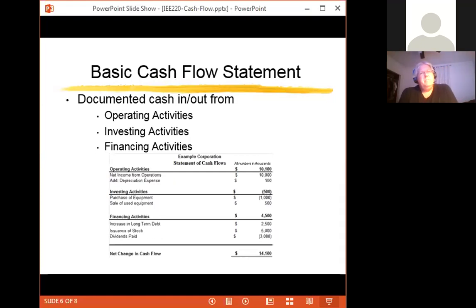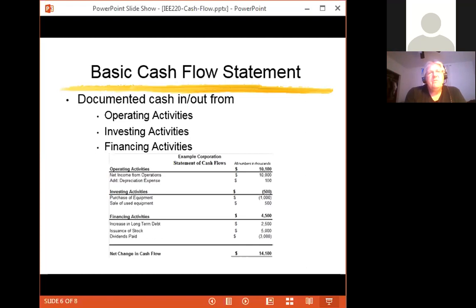Finally, in the cash flow statement, you have the financing activities. Maybe we borrowed some more money. There was already some borrowed, so you have an increase in debt. Maybe you sold some new stocks that brought some money in. Maybe you paid out dividends. These are all things that happen relative to the organization and how it generates money outside of just this operating income or loss.